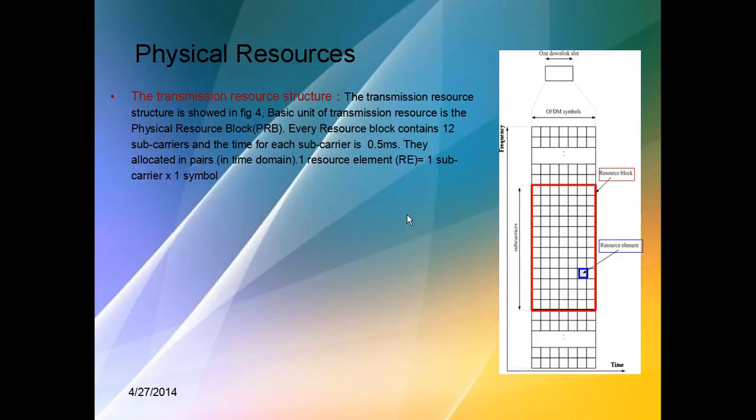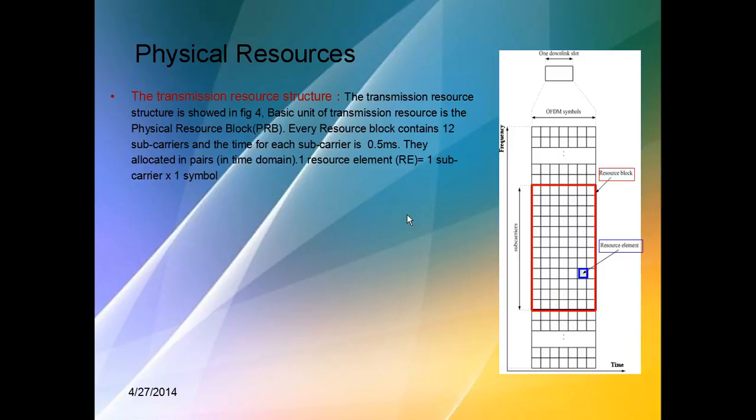Then the physical resources in this system: the transmission resource structure is shown in the picture. The basic unit of transmission resource is the physical resource block. Every resource block contains 12 subcarriers, and the time for each is half a millisecond, located in pairs in the time domain.